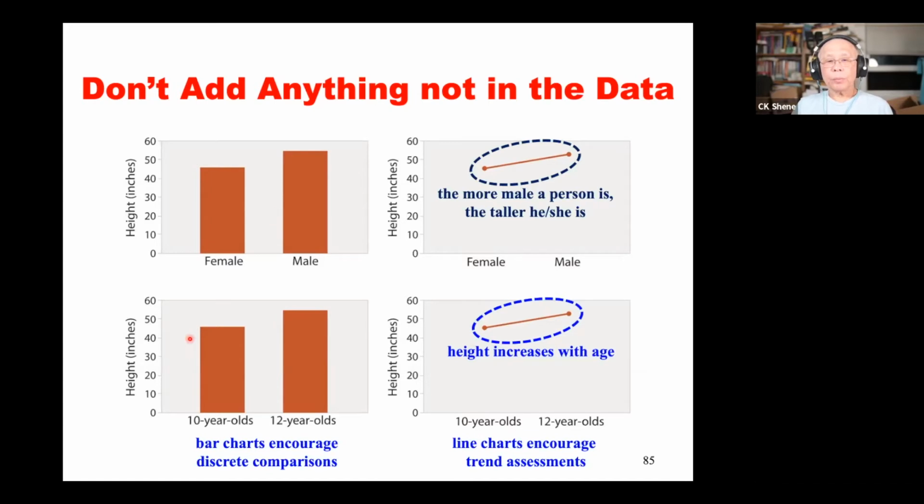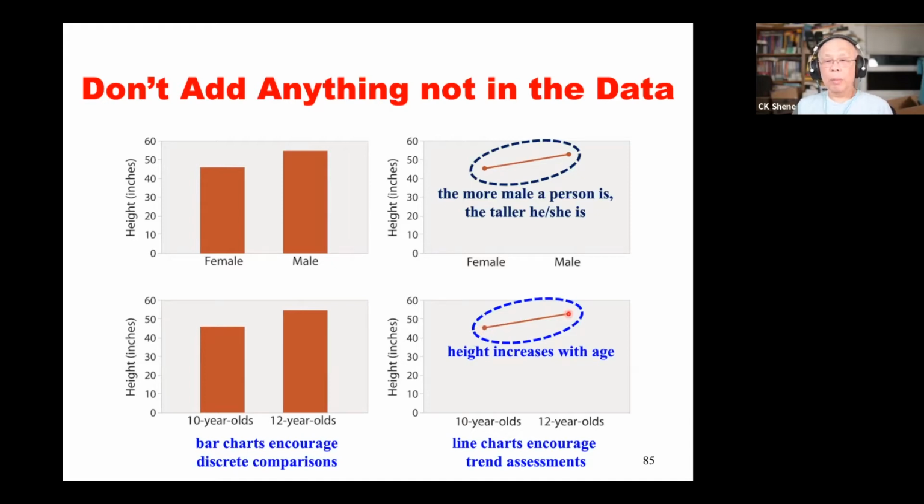So if your data is discrete rather than continuous, it would be much better to use a bar chart. 10 years old height, 12 years old height. So in this case, if you use a line chart, it means height increases with age.